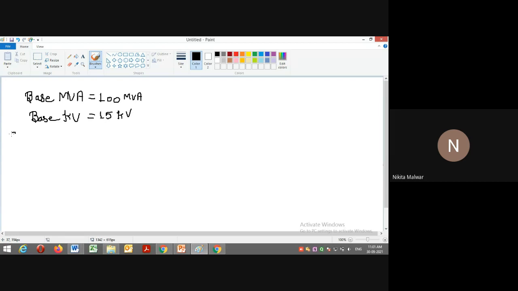Now we have to find out the reactance for generator 1. Suppose we are considering G1 for generator 1. That's why we will show it by Xg1. So what will be the formula? Let us write it directly by putting values. What is your old reactance for generator 1?